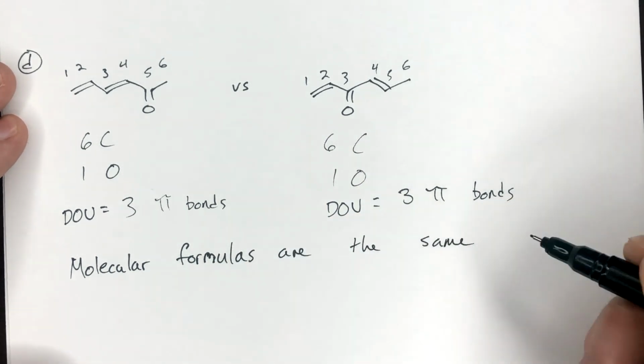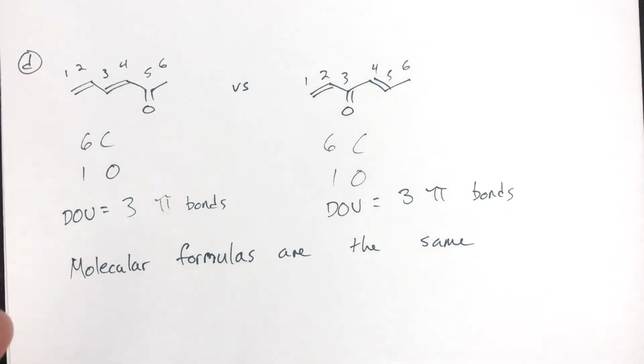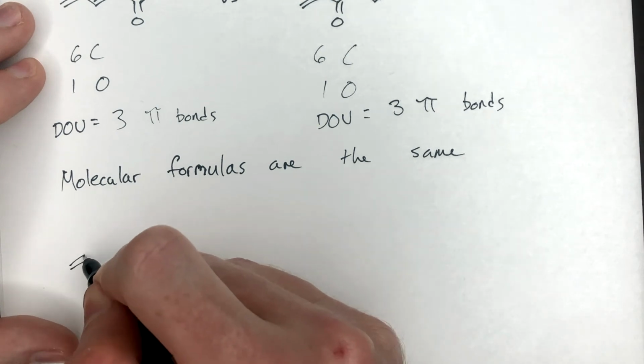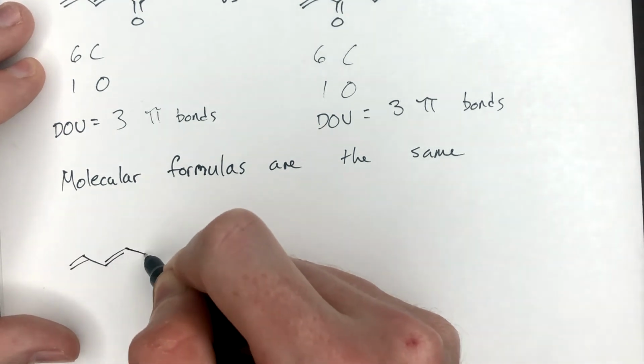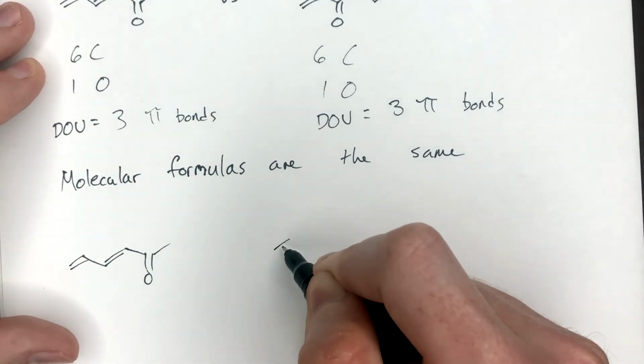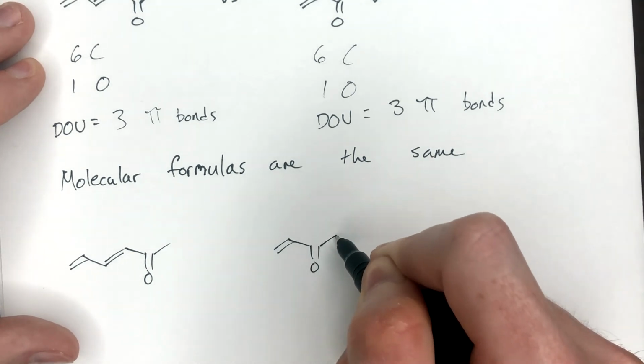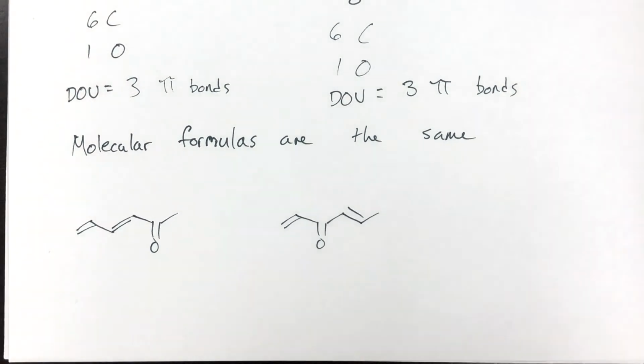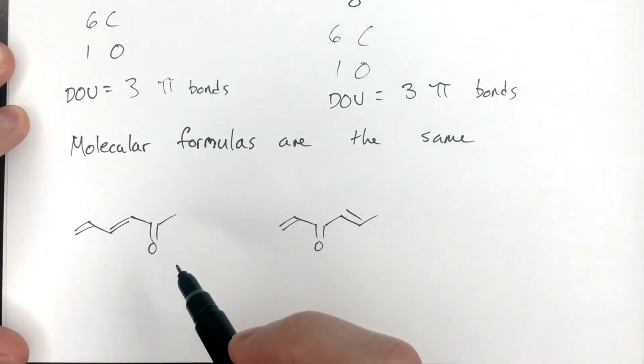So now we have to determine, is the connectivity the same or different? So again, I'll redraw these so we can look at this again more closely. Okay, so again, just like we did in the last question, let's count the carbons in a way that's the same to each other. So here we have to either go left to right or right to left to keep them consistent, and there's no seeming difference.